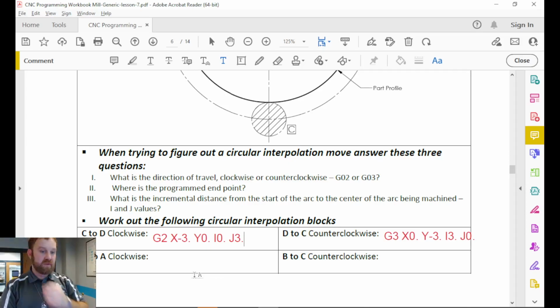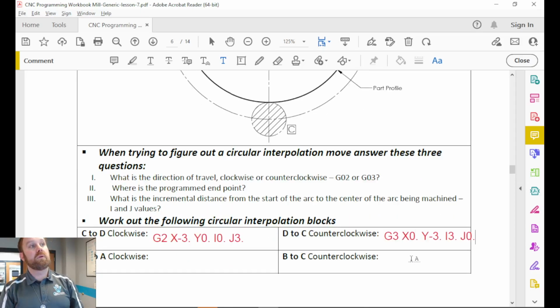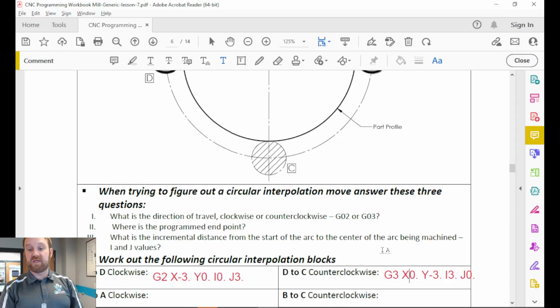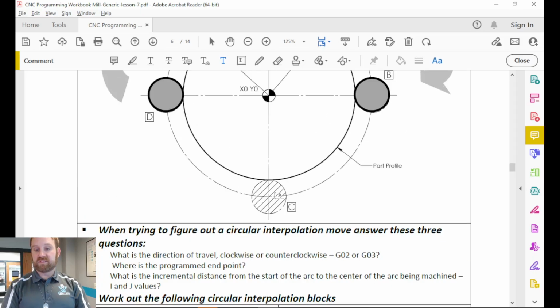Okay? All right. Why again is the X not included? Why do we not put like X positive 3 on there? It'd be X0 because the endpoint is C. So this is X0.